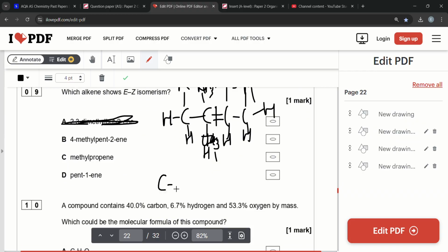4-methylpentene: methane, ethane, propane, butane, pentane, second carbon, 4-methyl, 1, 2, 3, 4, methyl group.